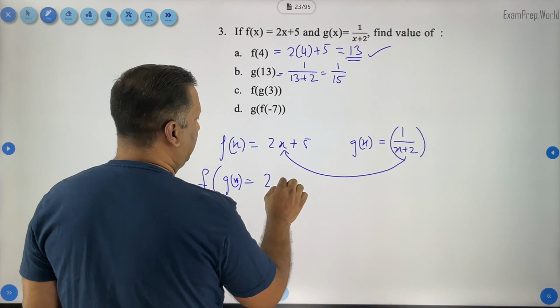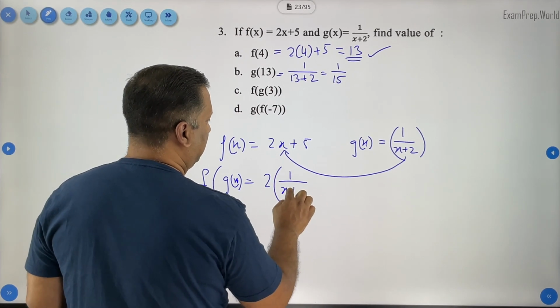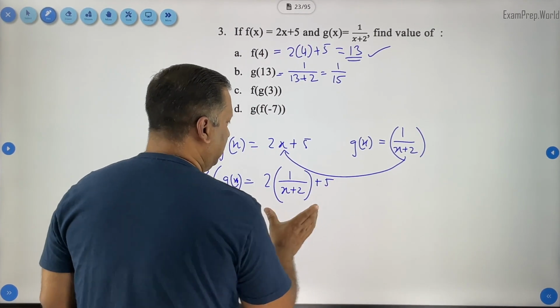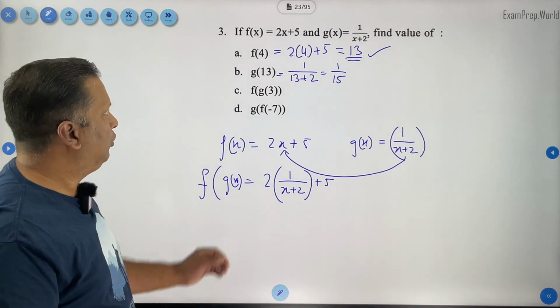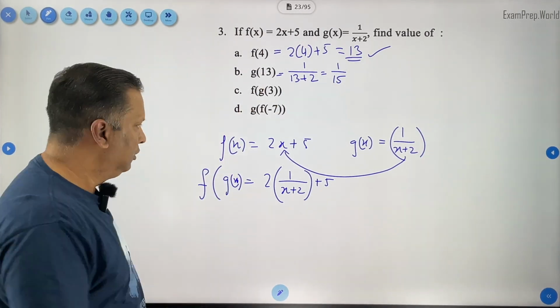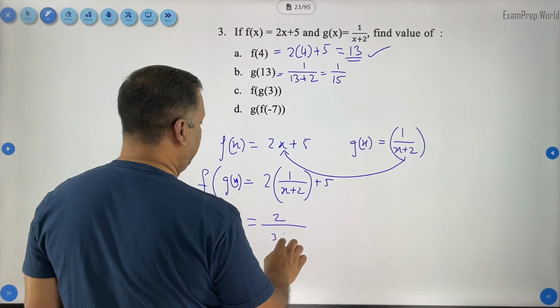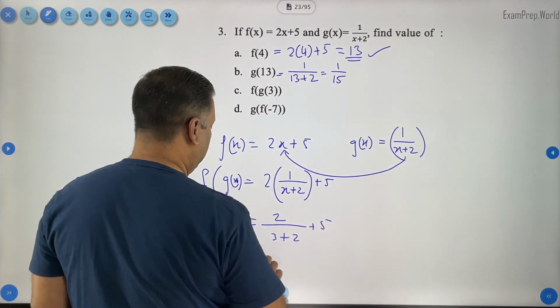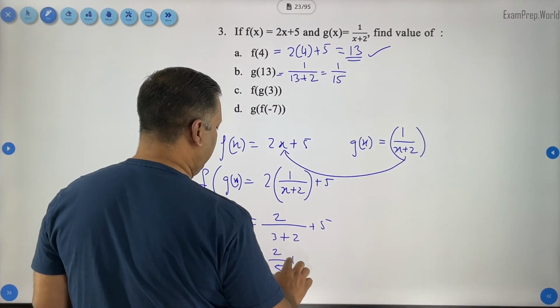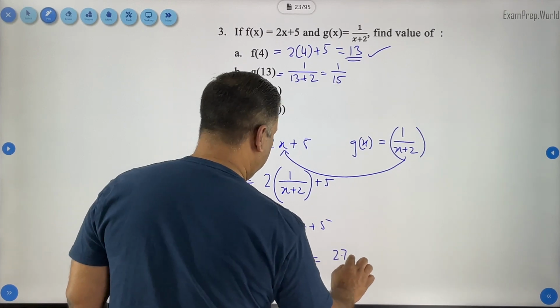So I will write 2 times 1 by x plus 2, plus 5. Let us find the value of the expression before we input the value 3. So let's input now. It is 2 divided by 3 plus 2, plus 5, which is 2 by 5 plus 5, which is 27 by 5.